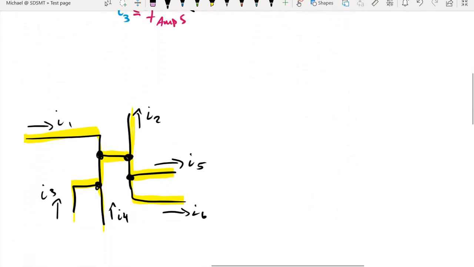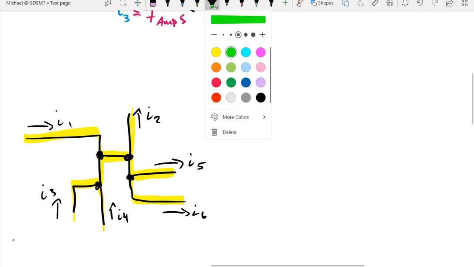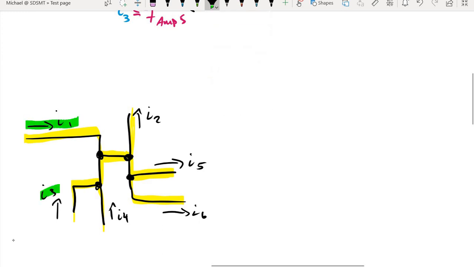And this will make our life way easier, because when it comes to currents that are entering the circuit, we have I1, I3, and I4 as the current values that are entering the circuit.